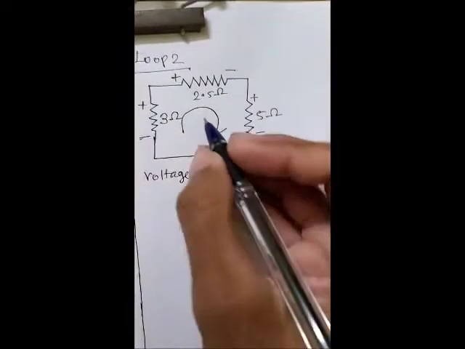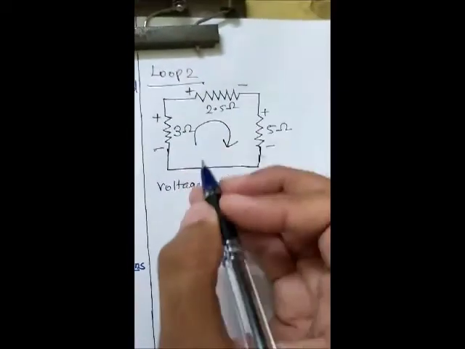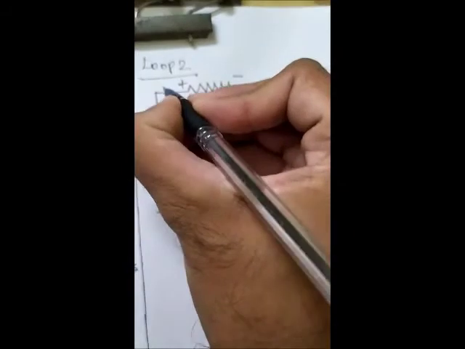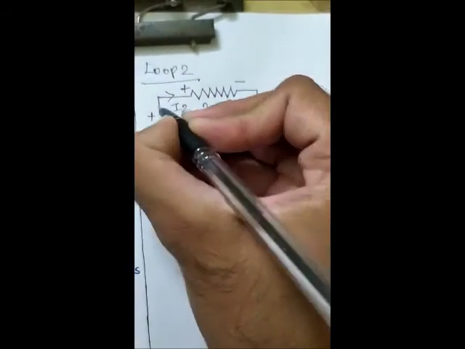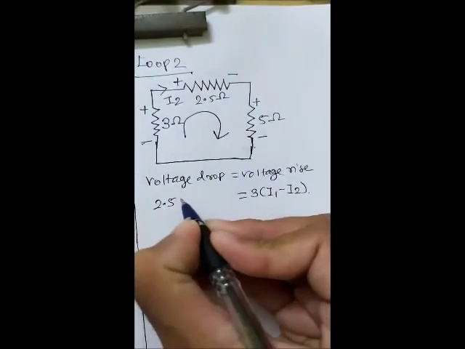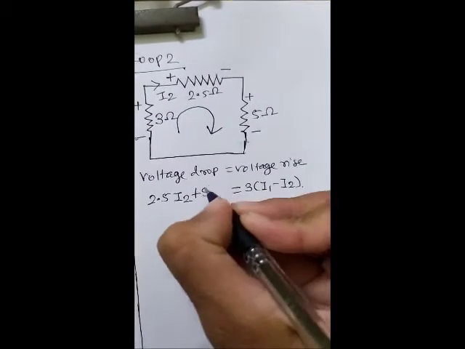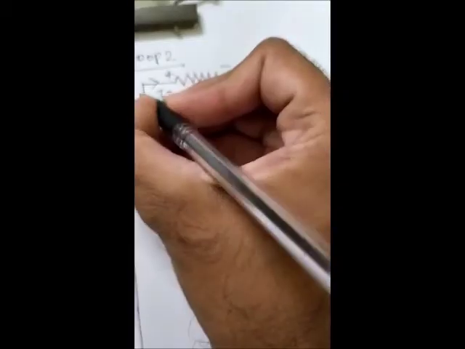And where voltage drop is taking place, that is plus or minus, it is 2.5 times the current flowing through this, I2, so 2.5 I2 plus 5 I2.